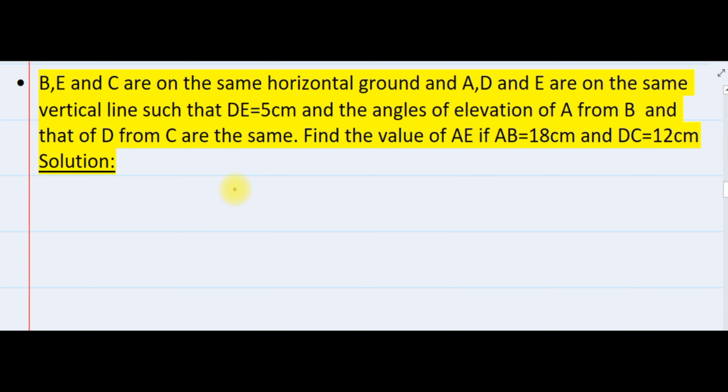Okay, let's draw. We have a horizontal line and a vertical line.